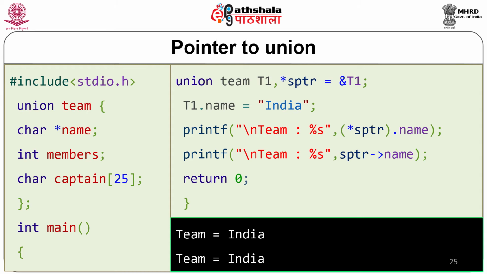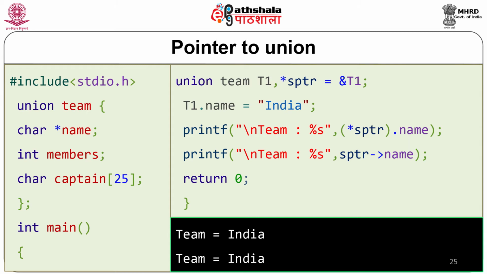Union team star SPTR equal to ampersand T1, T1 dot name. Different operators: roll number is in integer form, marks are also in integer form.